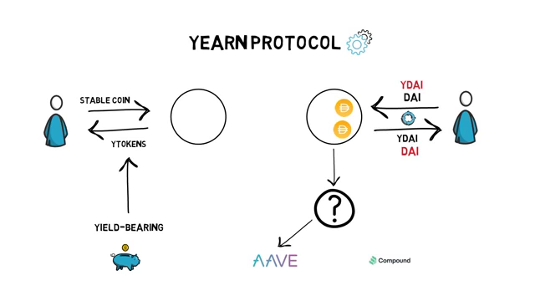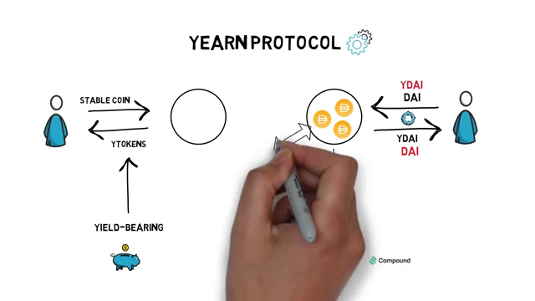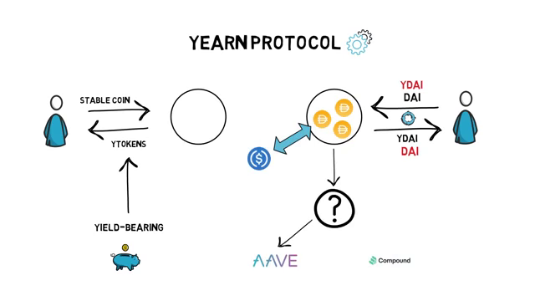One thing that the protocol always ensures is to never swap the initially deposited stablecoin to a different stablecoin, even if there is a higher yield available. So for example, if a user deposits DAI, the protocol would never swap it to USDC, even if USDC has a higher yield. This is because most users want to withdraw the same stablecoins as they initially deposited.